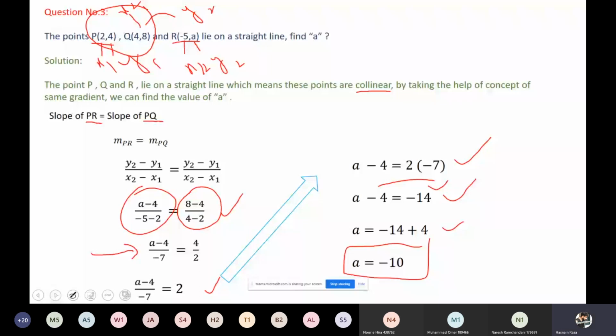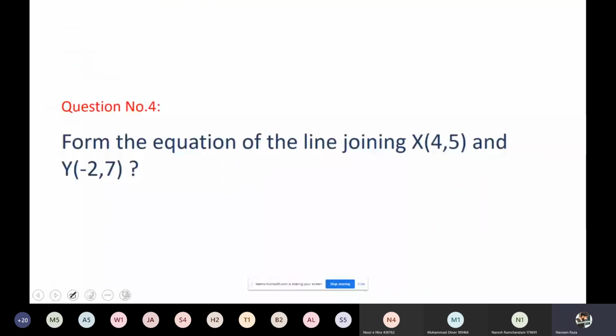Okay, let's move to the next question. Very easy. Question number 4 asks you to form the equation of a line joining these 2 points: x, which is 4, 5, and y, whose coordinates are minus 2, 7.